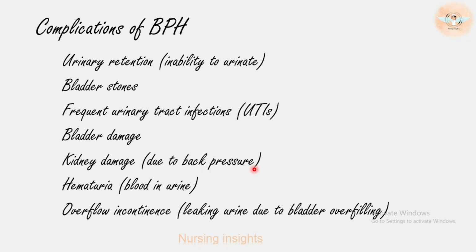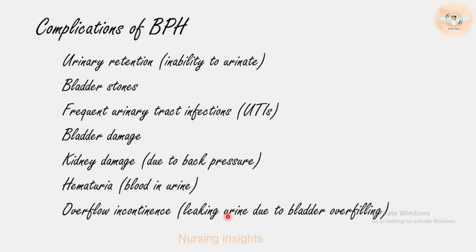When the bladder pressure increases, it will put pressure on the ureters also, and thereby kidney damage will occur. And hematuria, because urine is coming through the obstructed or narrowed urethra, so there will be hematuria. And at last, overflow incontinence, leaking urine due to bladder overfilling.